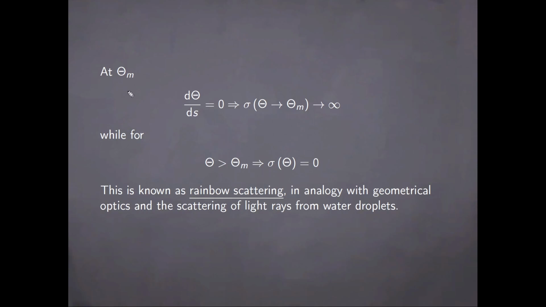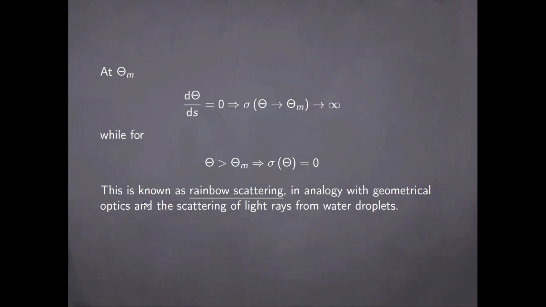However, at the maximal value of the scattering angle, the derivative of the scattering angle with respect to the impact parameter vanishes, and as such the differential cross-section in this limit becomes infinite, while for scattering angles larger than the maximal value, the differential cross-section vanishes.